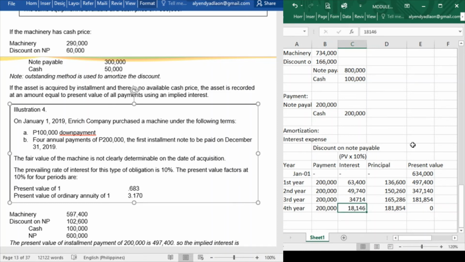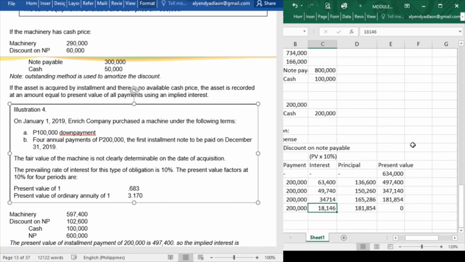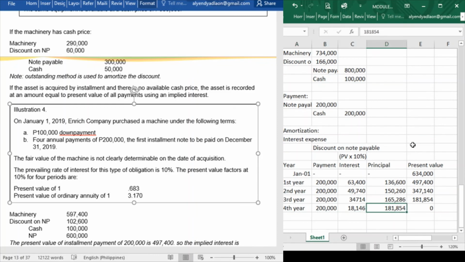So why did we work it back? It is because, class, if we are going to follow the normal in which we are to multiply 10% and then deduct the interest from the payment and then deduct the principal from the previous present value, we are not gonna get zero because, class, during the process, we encountered rounding off the numbers. So there is still a possibility that it will not result to zero.